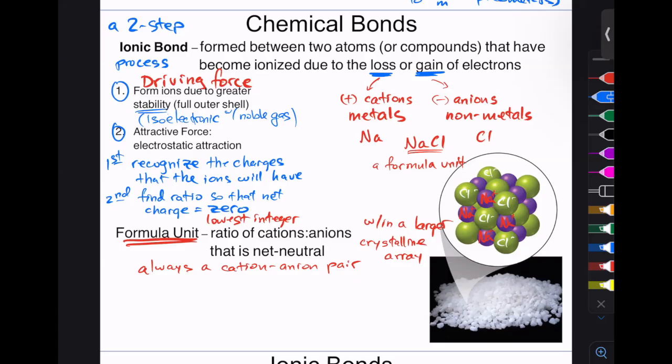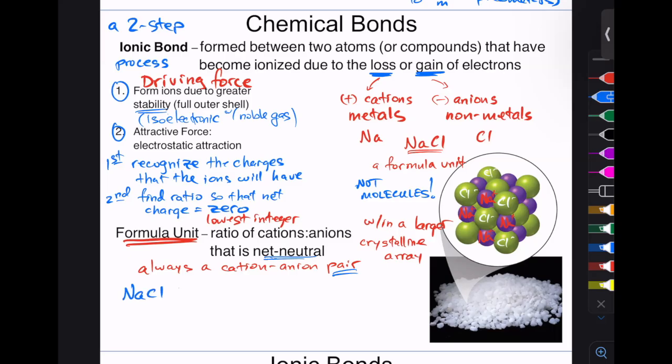Okay, because we want a net neutral cation-anion pair. That's what we're looking for. Let me just remind you, these are not molecules. They're formula units.